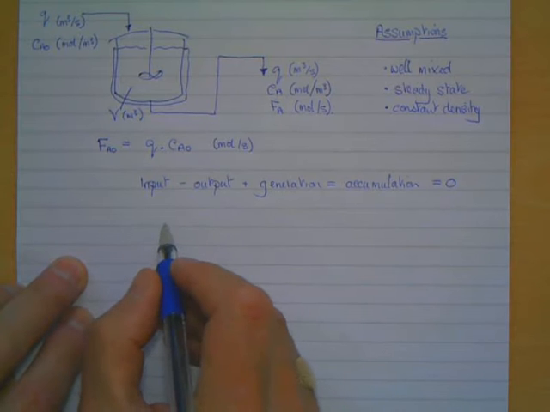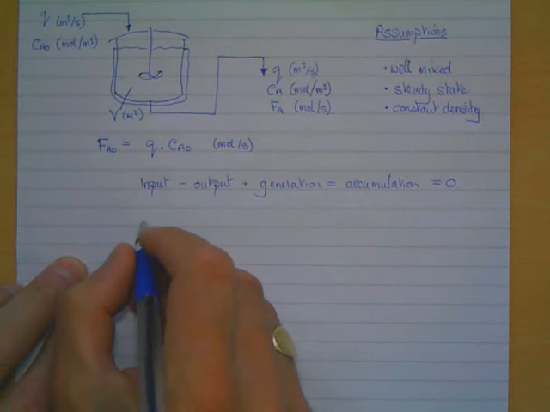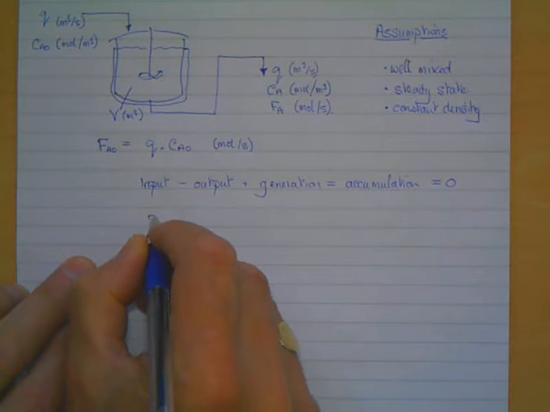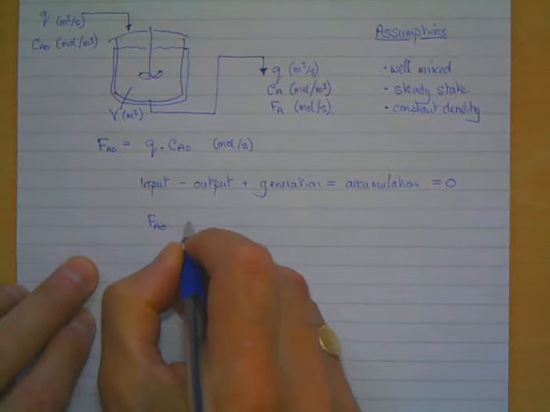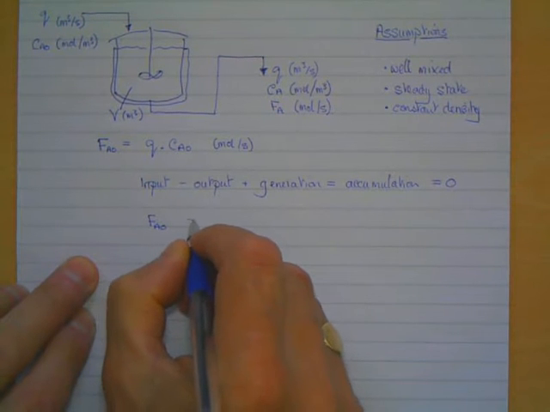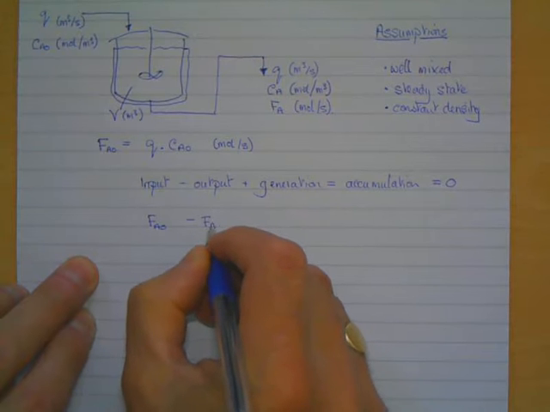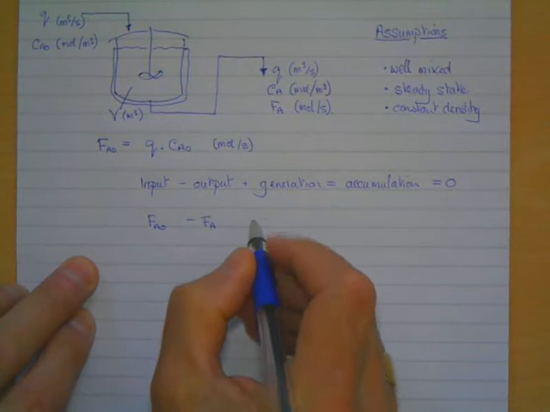So if we do a component material balance on our input material A, the input is FA0, the output is FA, and the generation is the reaction term.